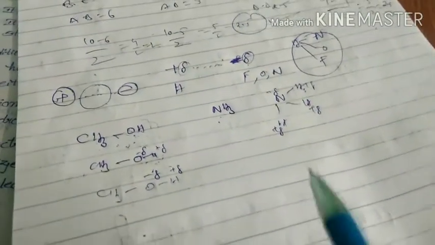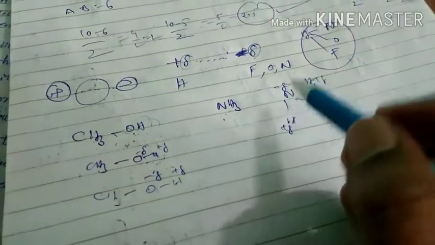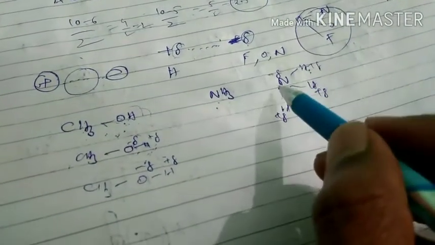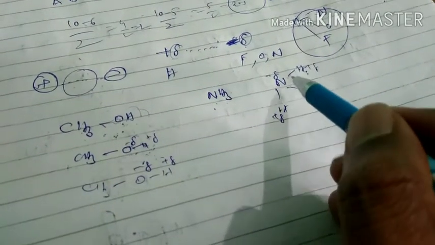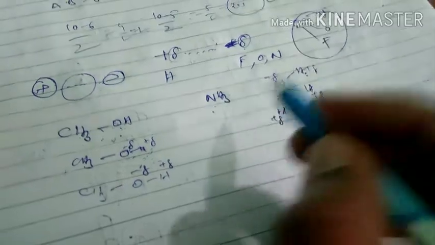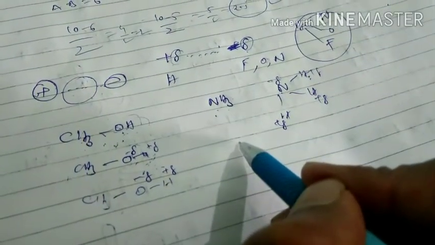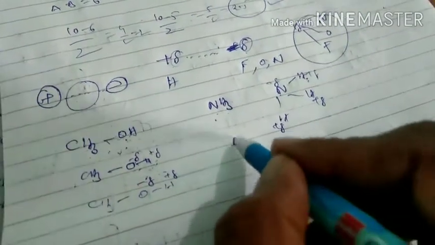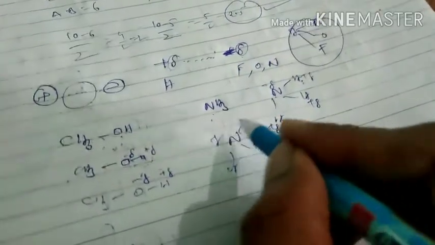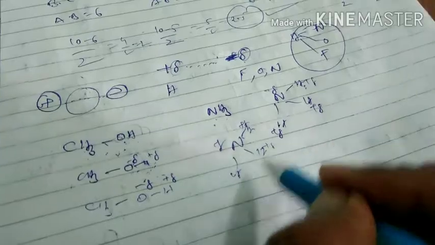Here the point is what? This hydrogen bond is not present between this nitrogen and hydrogen. This is formed between the nitrogen of one ammonia molecule and the hydrogen atoms of another ammonia molecule. Another ammonia molecule is like this. Here also positive charges and negative charges are present.